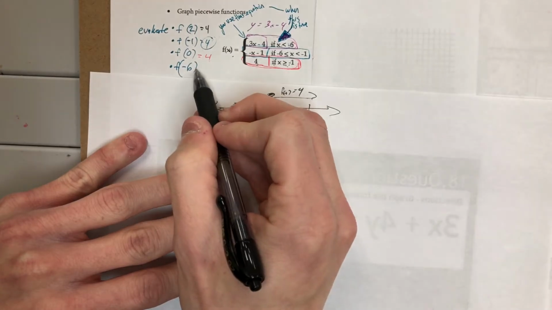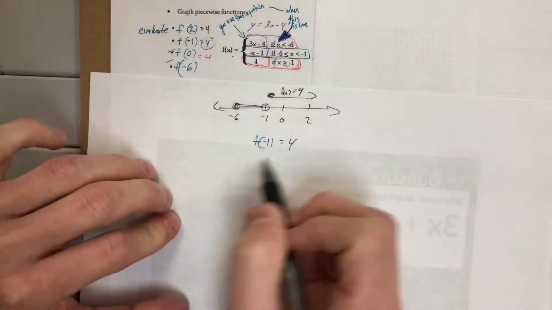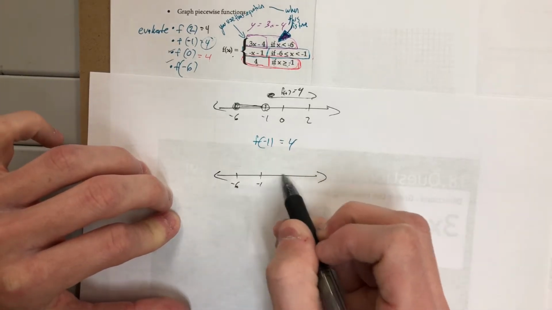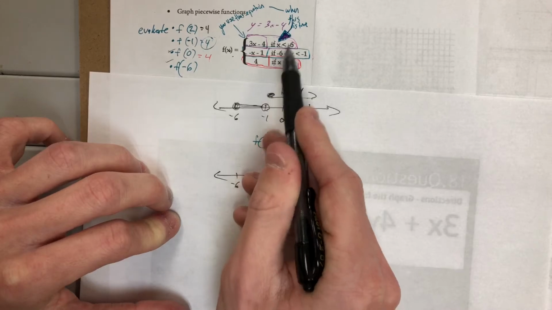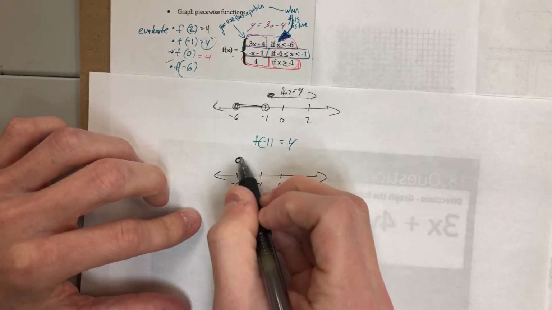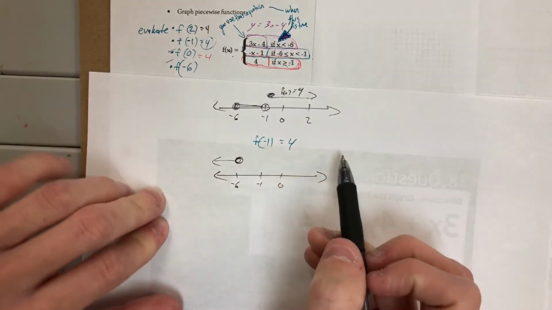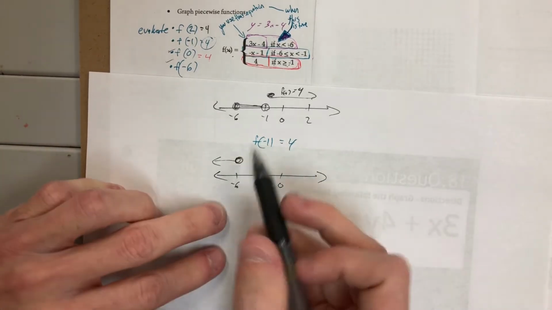f of negative 6, I want y'all to try. Give that one a try. Your first step is to see where negative 6 falls. So this says x is less than negative 6, so empty circle, and it's everything that way. Negative 6 is not included there, so it's not this one.